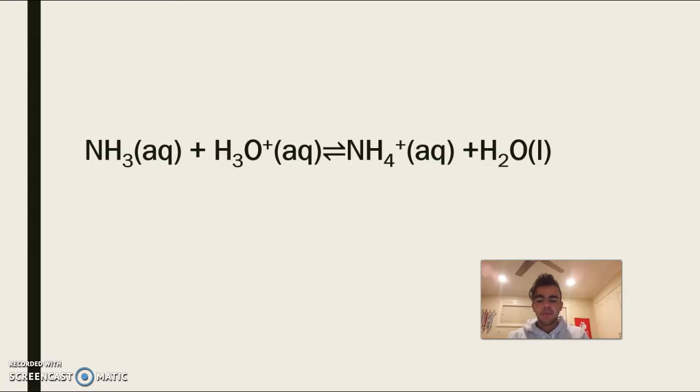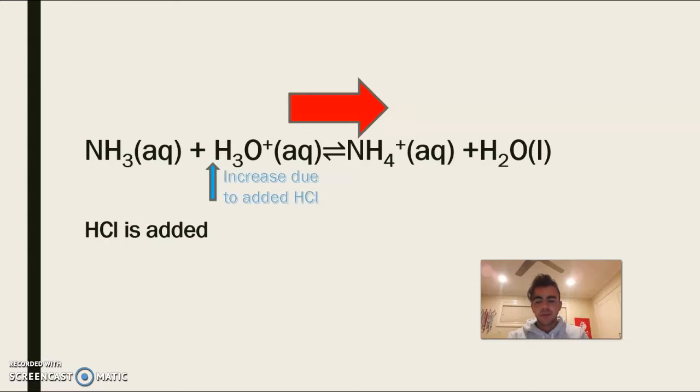Then when you have a buffer solution containing a weak base and its conjugate acid, and a strong acid is added to it, the equilibrium will shift to the right. This occurs due to an increase in hydronium ions on the reactant side, because of the acid being added to it. Therefore, more products are created, as the equilibrium has to shift to the right to re-establish equilibrium.